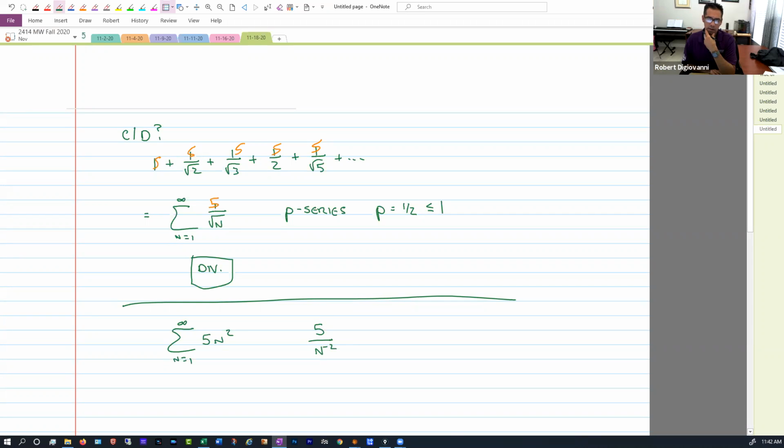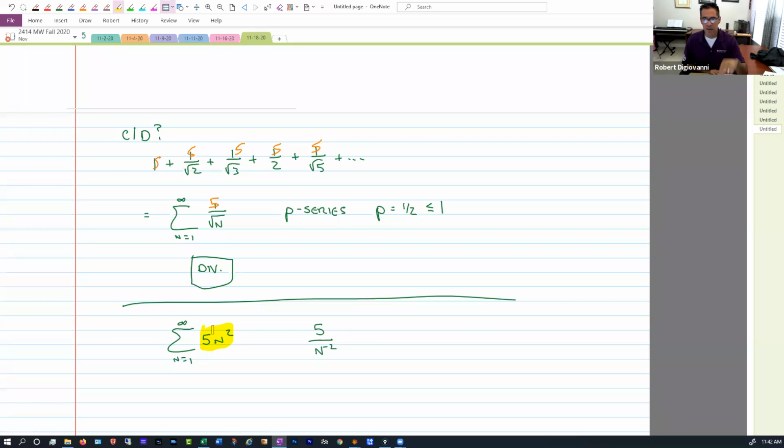Yeah, you could look at it as a p-series written that way. You could. But you could also just do the nth term test, right? What's the limit of that as you go to infinity? Infinity, right? And that's not 0. So the nth term test would allow you to draw a conclusion.